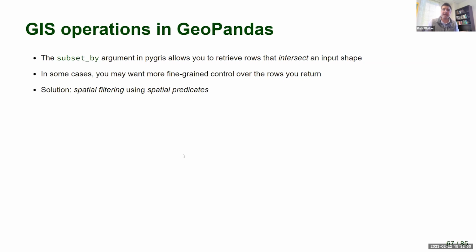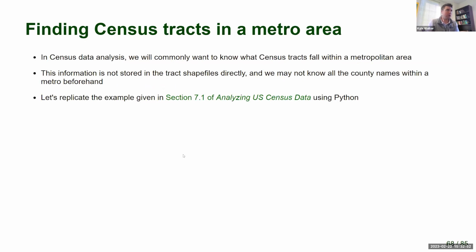So let me bring that back and lay out a more common use case. In census data analysis, we often want to know what census tracts fall within a metro area. For counties, that information is in the TigerLine file, but for census tracts, it isn't necessarily.